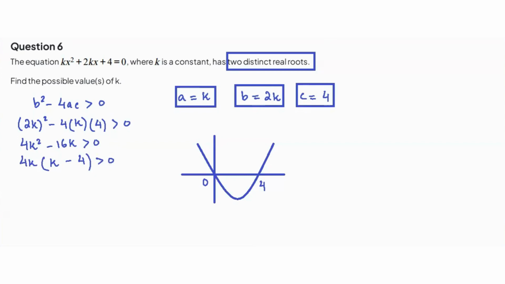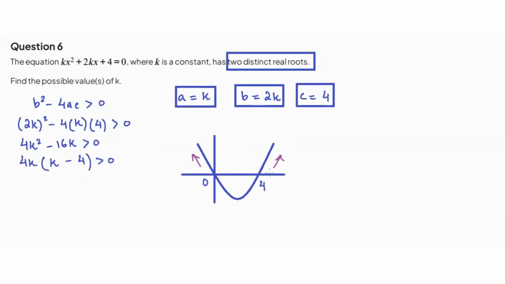Since it's greater than 0, we are going to focus on the values above the x-axis, which means at k equals 4 the values are increasing, and at k equals 0 the values are decreasing. So our possible values of k are k is less than 0 and k is greater than 4. These are our possible values of k.